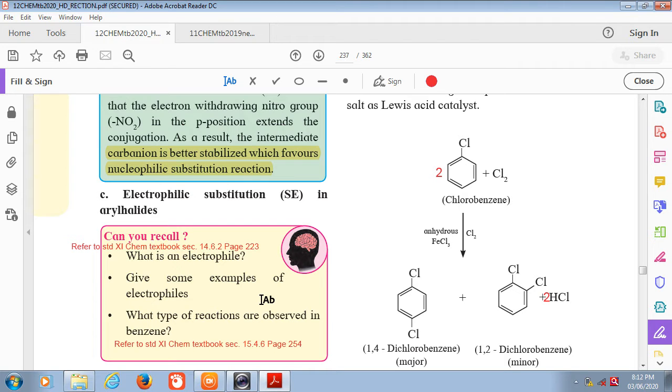These are some electrophiles. So what type of reactions are observed in case of benzene? For that purpose you have to refer to the standard 11 chemistry textbook section 15.4.6 and page number 254.